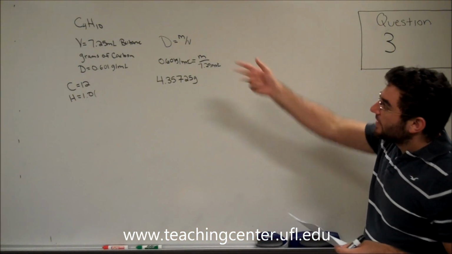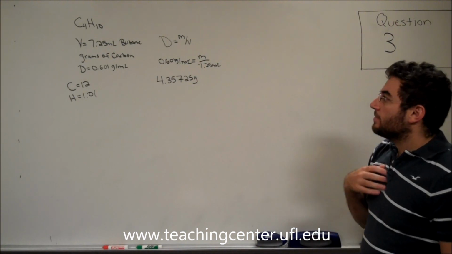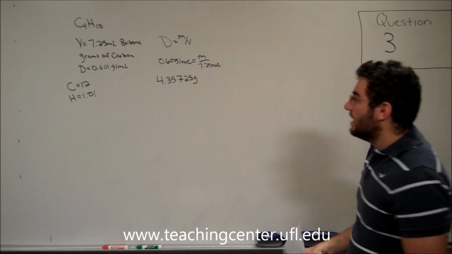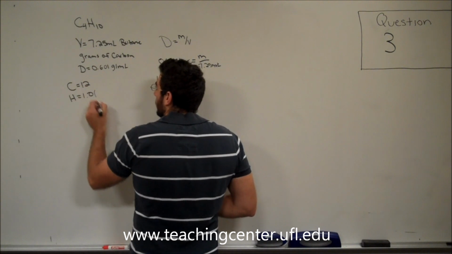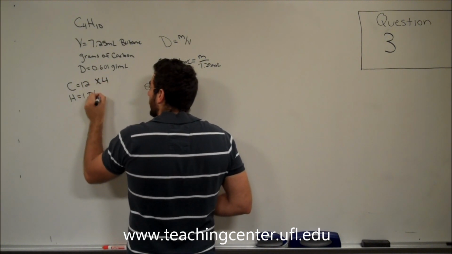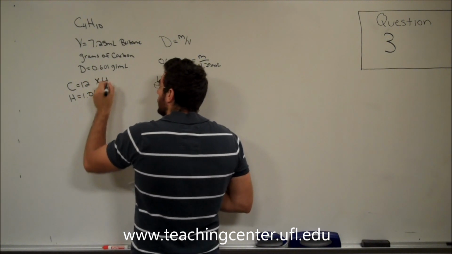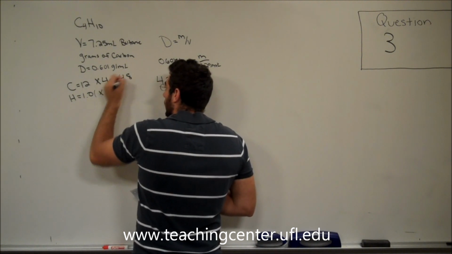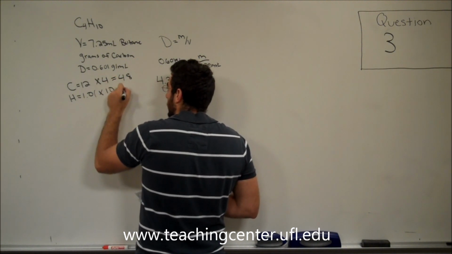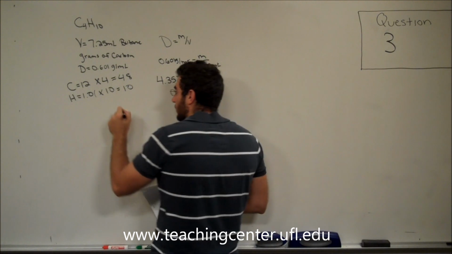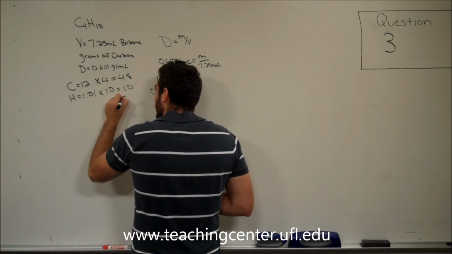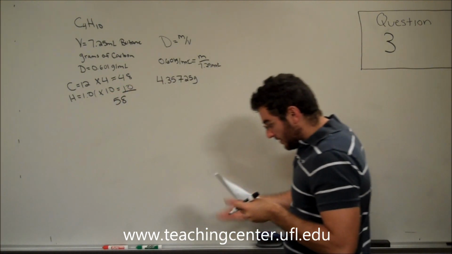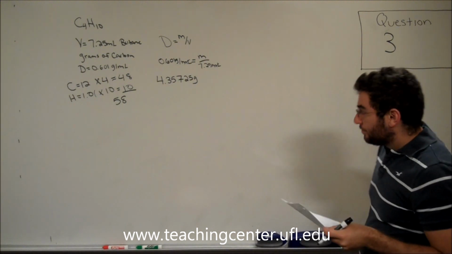So I say, okay, we have 4 carbon atoms present in butane and 10 hydrogens. So we're going to do 12 times 4 and 1.01 times 10. 12 times 4 is 48, and 1.01 times 10, we'll call it about 10. So the total, if we add this up, 48 plus 10 is equal to 58.